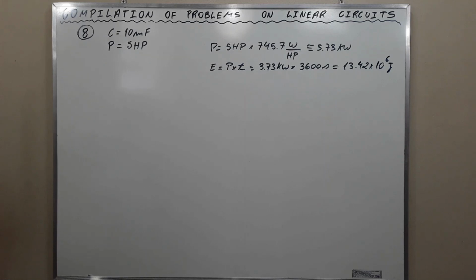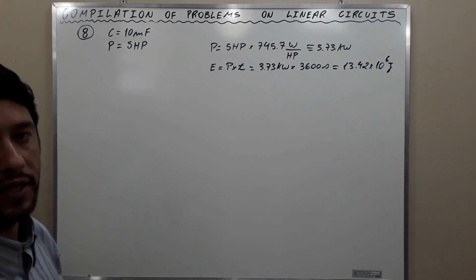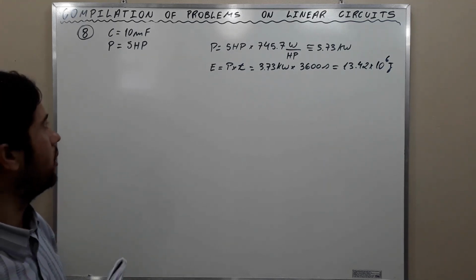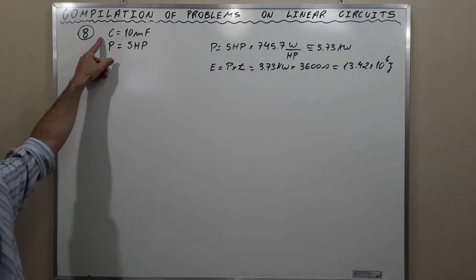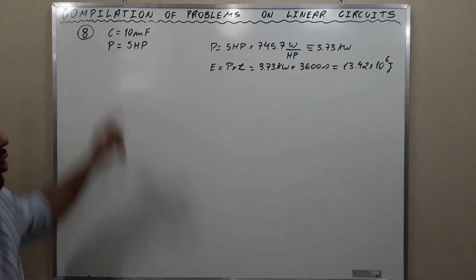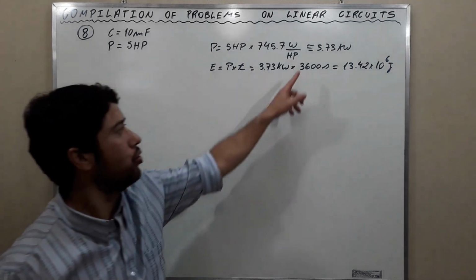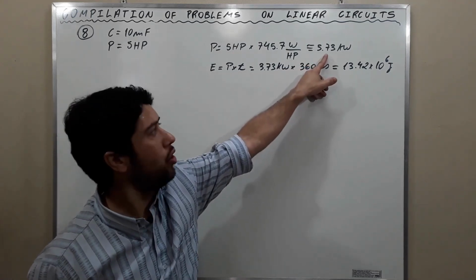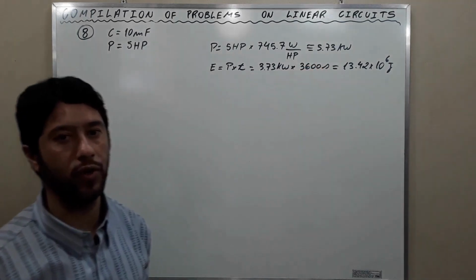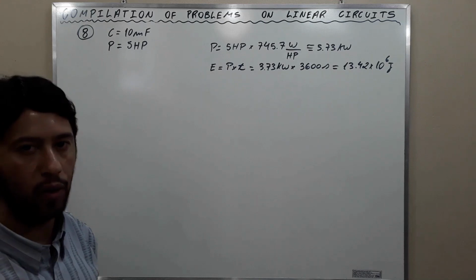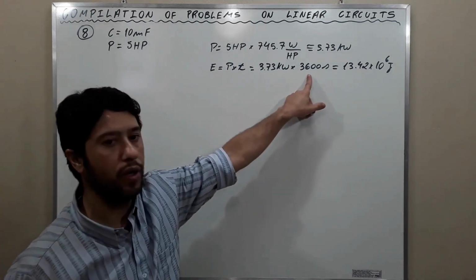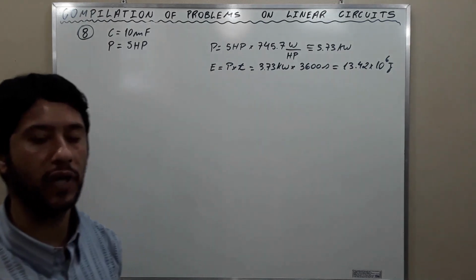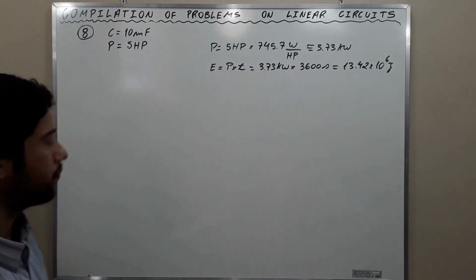This is the amount of energy that needs to be stored in this 10 millifarad capacitor, so we will be able to supply 3.73 kilowatts of power for 1 hour to the automobile. Have you fully comprehended?